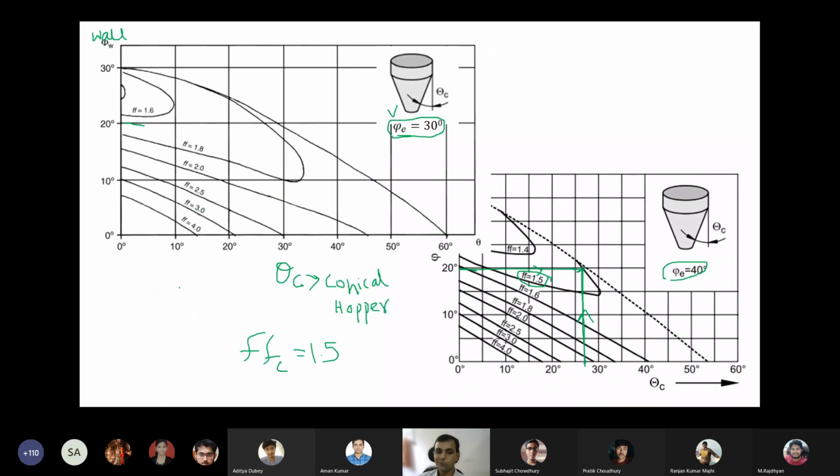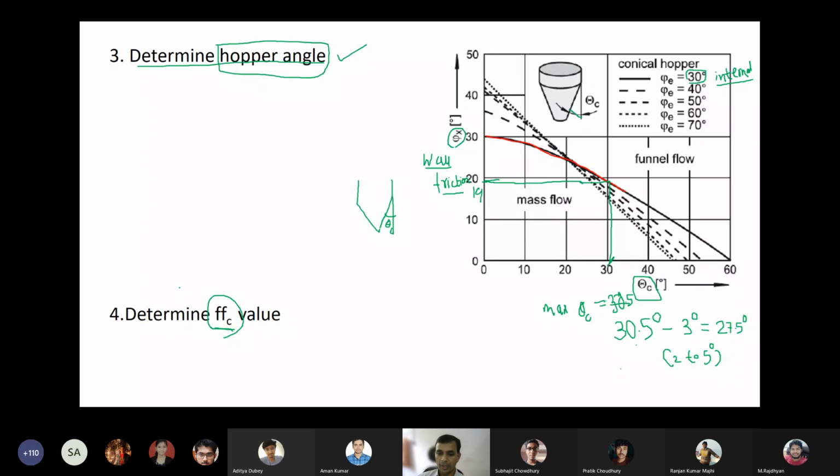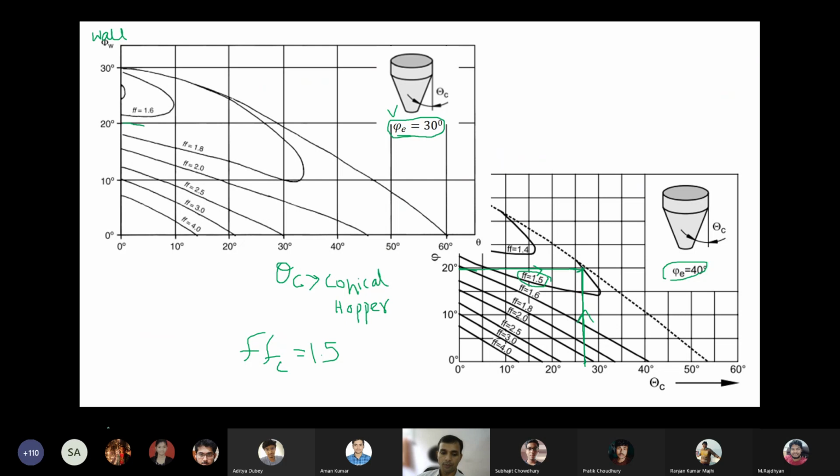So, to determine the FFC value, I'll erase this. We have three things so far in the problem. One is the angle of internal friction, phi E, which is 30.